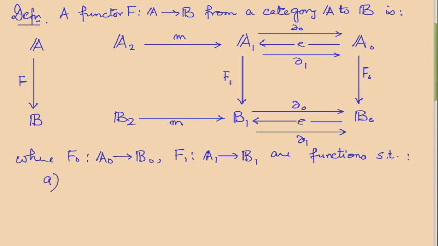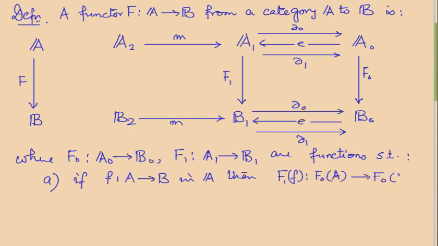firstly it takes objects to objects, morphisms are mapped to morphisms, but I must have the domain and codomain of a morphism preserved. So that means if f is from a to b, then f1 of f should be from f0 of a to f0 of b.